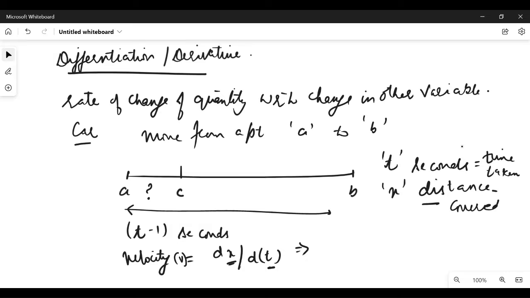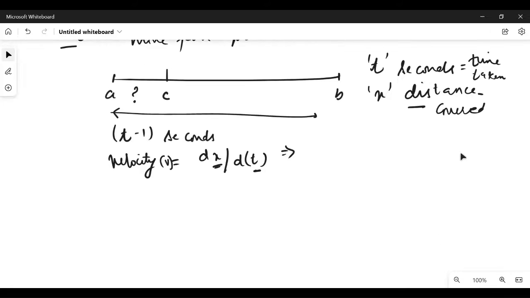Okay, so this will give you the distance covered per unit time so that we can analyze any distance covered in any moment of time. Okay, and this dx by dt can also be known as differentiation.